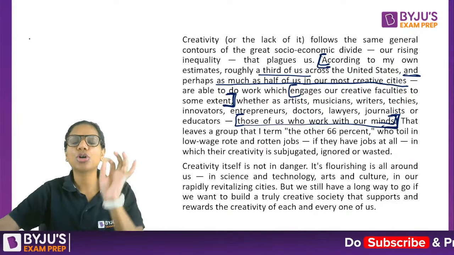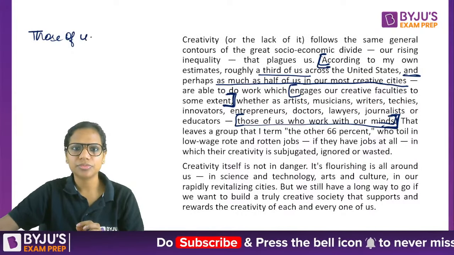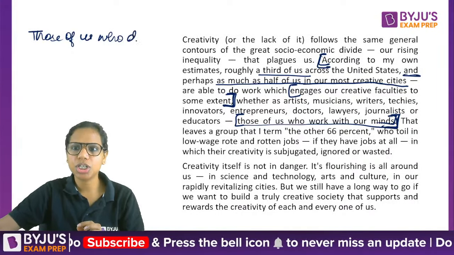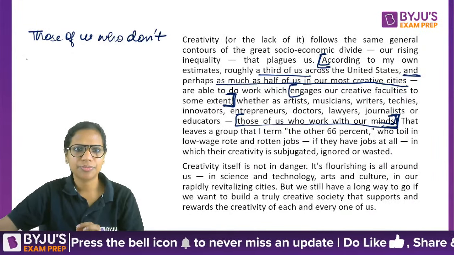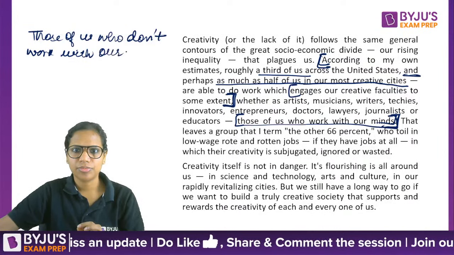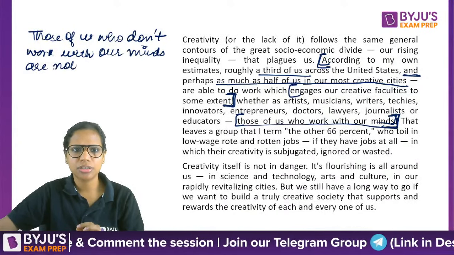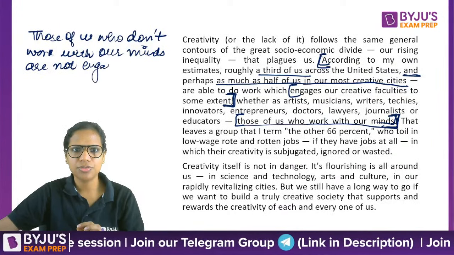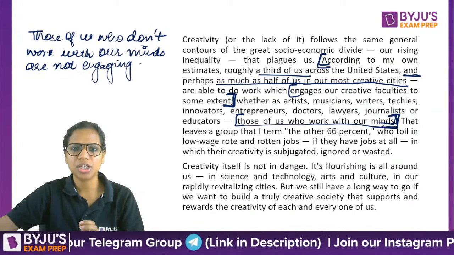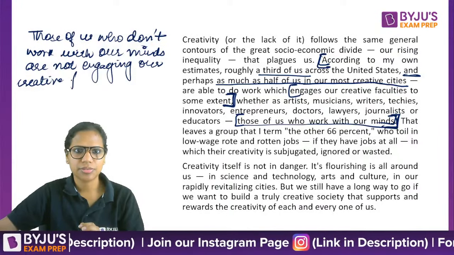So the assumption of the author, to be very precise here, is that those of us who do not work with our minds are not engaging our creative faculties, or do not engage our creative faculties.